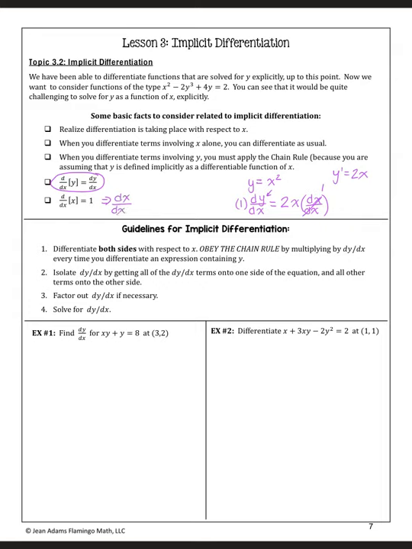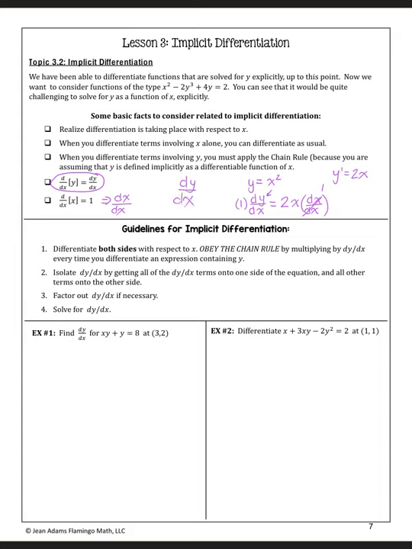So when you differentiate terms involving x alone, you can differentiate as usual. When you differentiate terms involving y, you must apply the chain rule, and that's where we tack on that dy dx. Rule of thumb: anytime you take a derivative involving y, just tack on a dy dx after it.